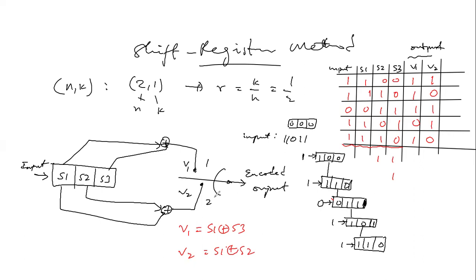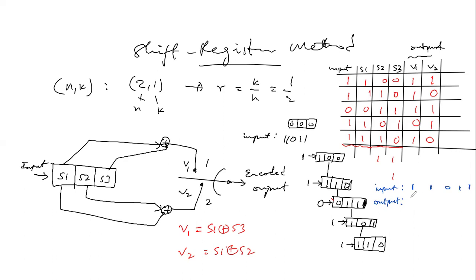So we can now develop, we have our input, we have the input sequence, then we have the output, right? So going by this, by the shift register technique, when 1 is transmitted, we have 1, 1, 0, 1, 1.